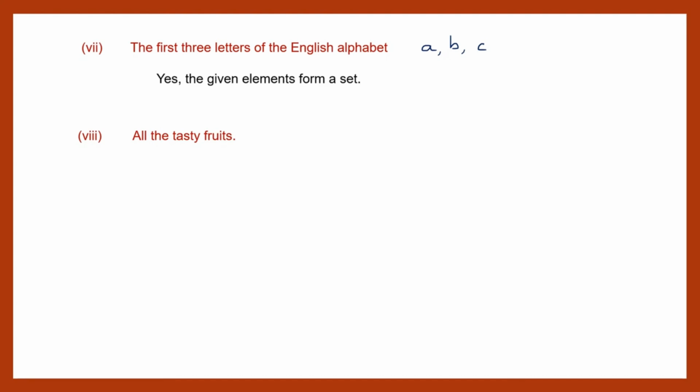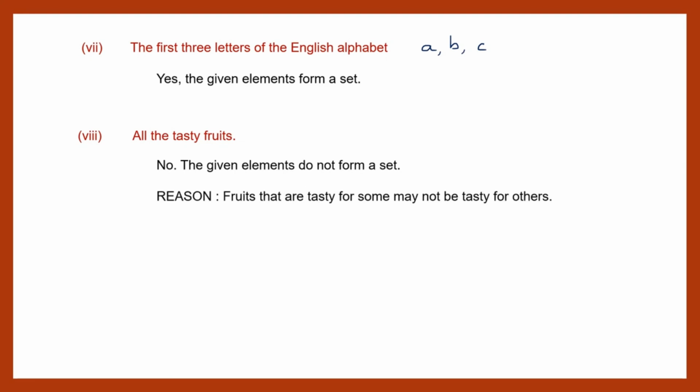Now again, this is not very well defined. We do not know what is meant here by tasty fruits. Again, it might be tasty for some, isn't it? So, no, the given elements do not form a set. The reason is fruits that are tasty for some may not be tasty for others. So, the elements are not well defined.